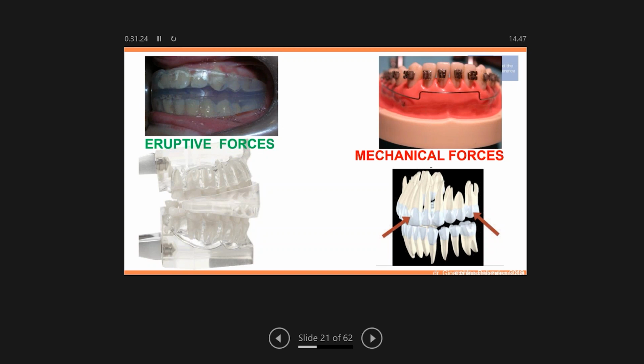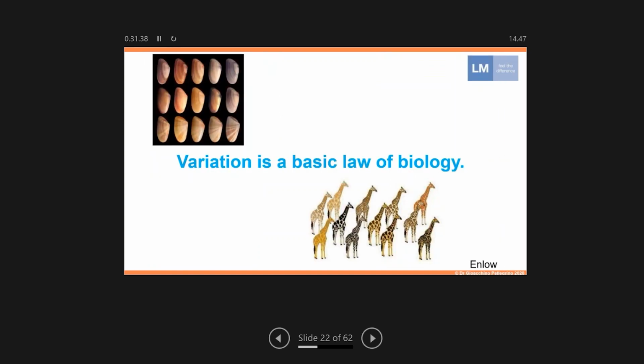On the contrary, we will use only eruptive forces, natural forces, if we use a removable appliance that is able to guide, because of its morphology, the eruption of the teeth. And all this is possible because there is a large variation in nature.